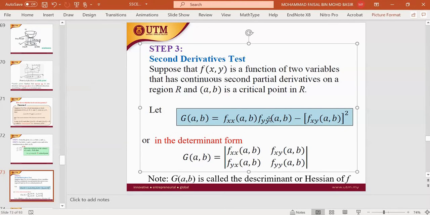Actually, this is simplified from this. Sometimes we call it the discriminant. So we take fxx fyy minus fyx times fxy. As I told you before, by Euler's theorem, fxy and fyx are the same.